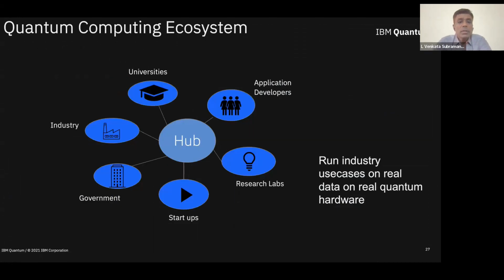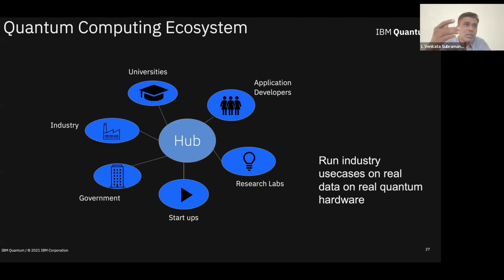There is an ecosystem that's building up. There are multiple universities, including IIIT Kottayam, many industry players, the government, startups, and research labs like our own IBM Research Lab. They're all coming together to form these hubs and to ensure that research gets done and people are able to learn the skills and start applying them on real industry problems.